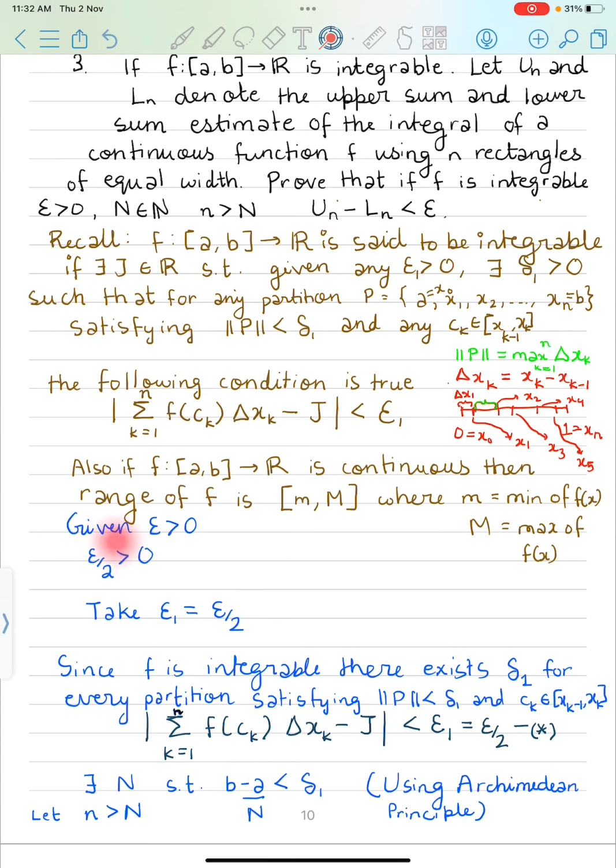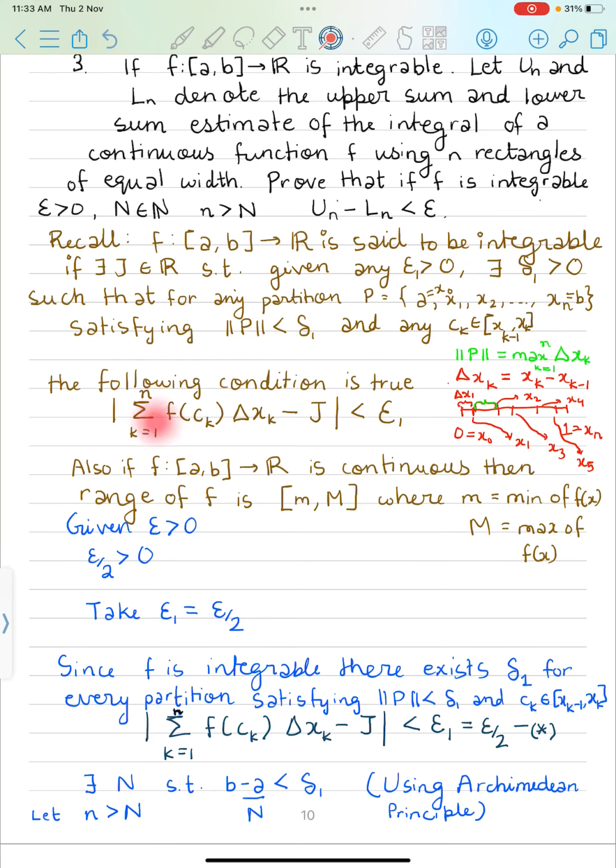Now, if epsilon is greater than 0, epsilon by 2 is greater than 0, then I want to take epsilon 1 equal to epsilon by 2. So epsilon 1 is greater than 0 and f is integrable, as given in the question.